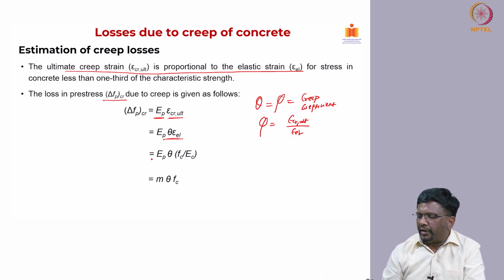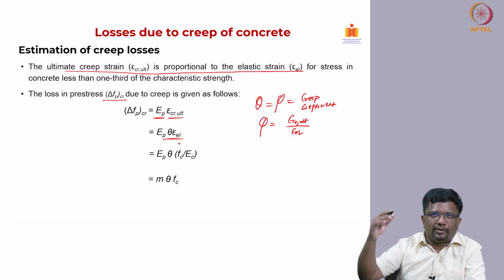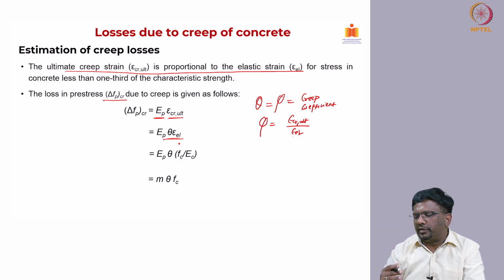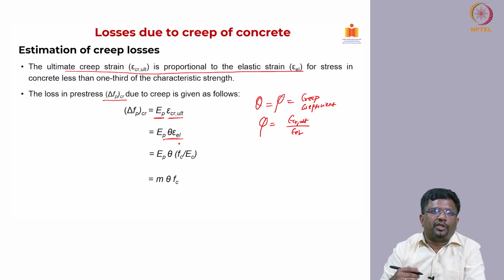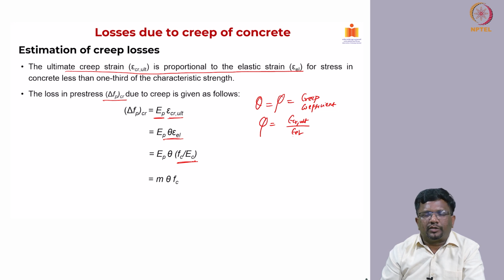So theta into epsilon elastic is the ultimate creep strain, and if I am expressing it in terms of elastic strain, we know that since the stress I am applying is less than 1/3 of the characteristic strength, the material is going to be in the elastic regime. So I can define the strain as stress by elastic modulus. Now Ep by Ec is the modular ratio.